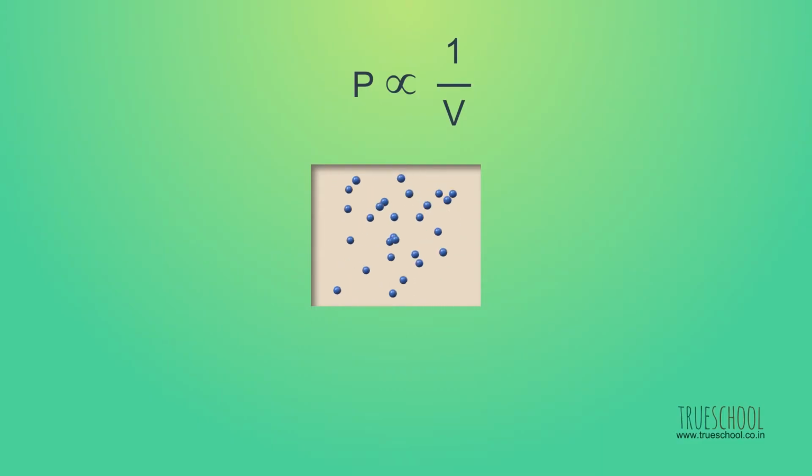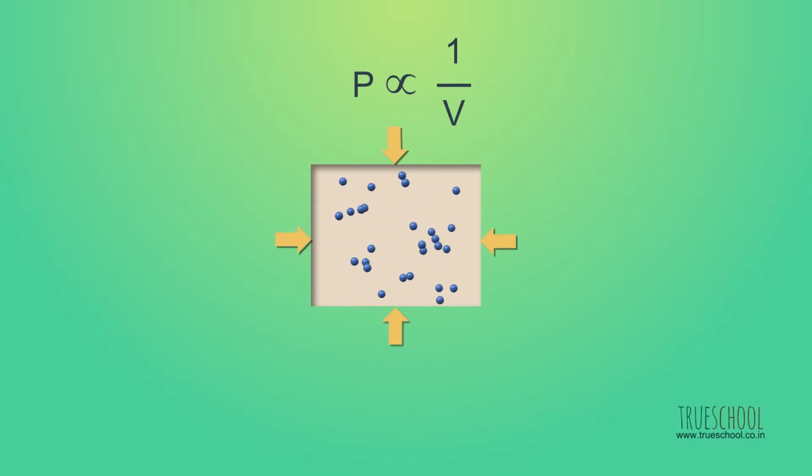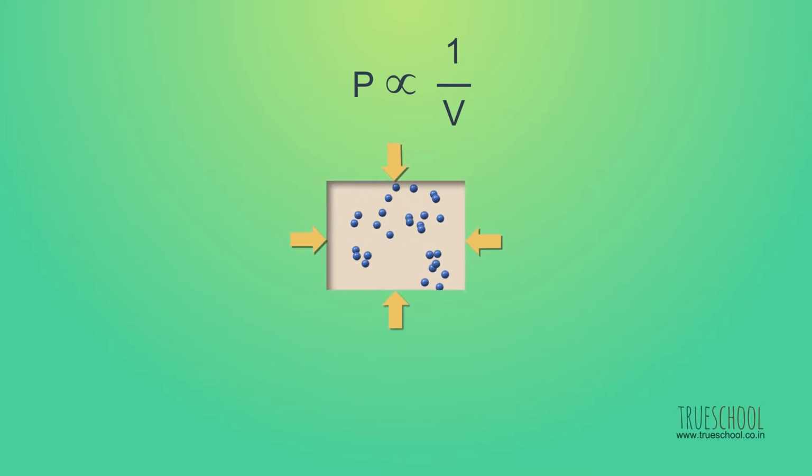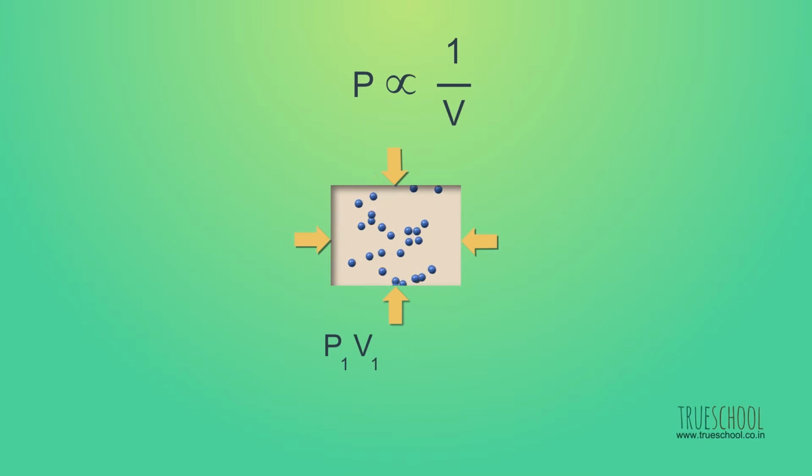Now that we know something about these state variables, we will see how they are related. Let's see how volume and pressure are related. If we increase pressure on a gas, keeping its temperature and number of moles constant, its volume decreases such that pressure into volume remains constant. So P1 into V1 will be equal to P2 into V2.